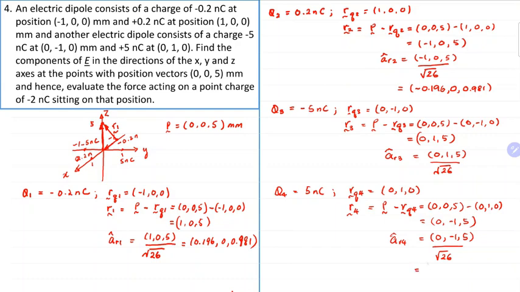And this gives (0, -0.196, 0.981). Here R3's unit vector is (0, 0.196, 0.981). Okay, so that is all the vector positions between the charges and the observation.